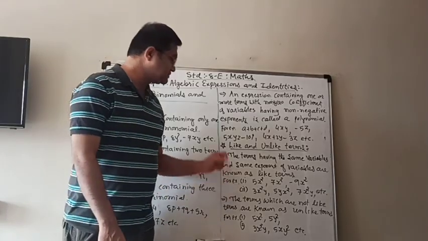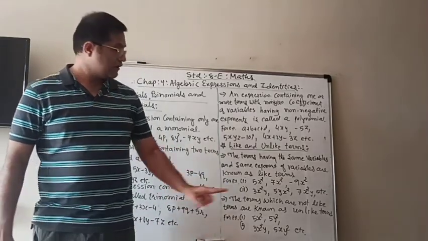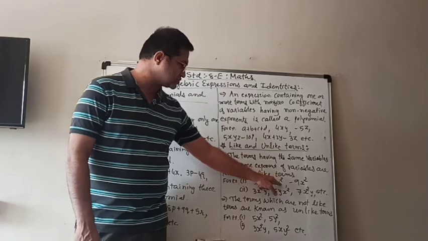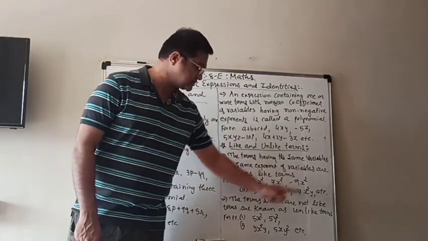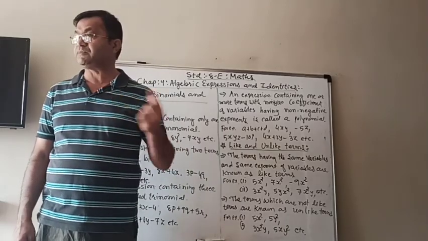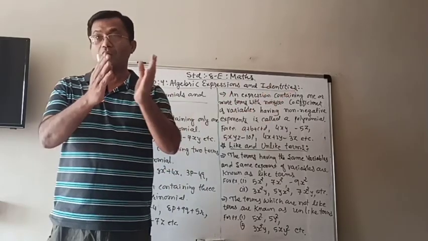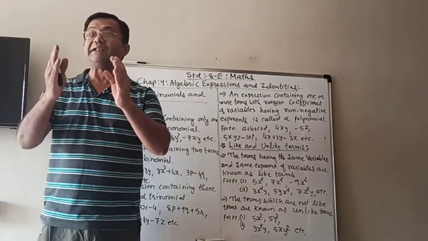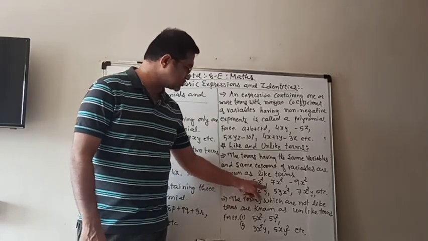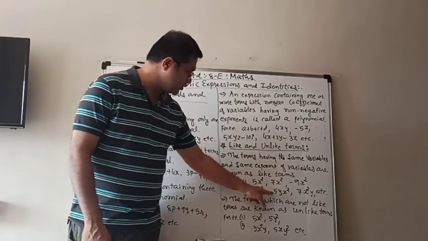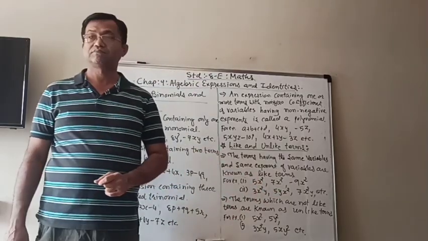Look at the example here. First, 5x square, 7x square, minus 9x square. Here the variable is the same, x, x, x. The power of x is also the same, 2, 2, 2. So all these terms are like terms. Second, 3x square y, 5yx square.